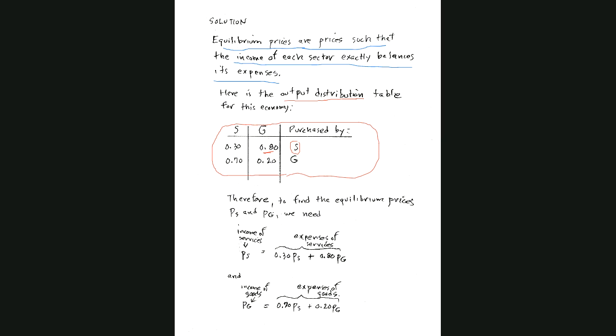That would make sense because goods sells 80% of its output to the services. But then the other 20% of goods that the goods produces stays with the goods sector. Services sells 70% of its output to goods and retains the other 30%.